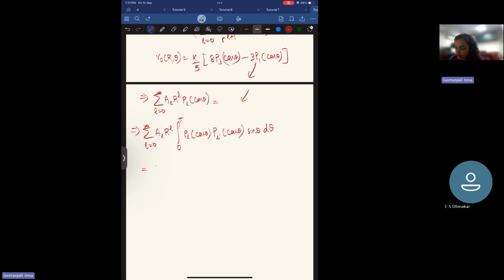And in the right hand side, it is K/5 times 8 integral from 0 to π of P3(cosθ) P_L'(cosθ) sinθ dθ minus 3 times integral from 0 to π of P1(cosθ) P_L'(cosθ) sinθ dθ.